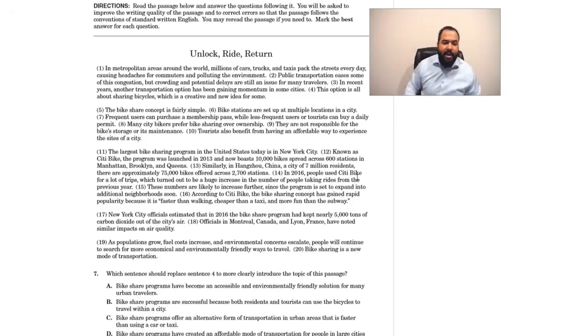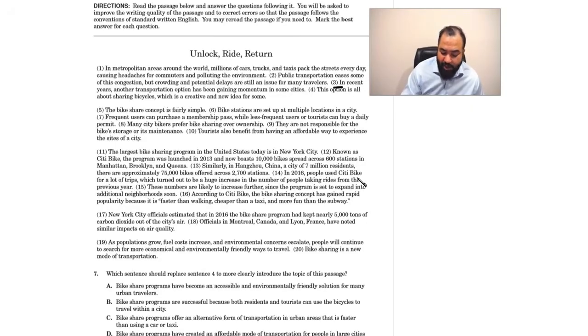So now let's see how this essay is a problem. So first he wrote, in metropolitan areas around the world, millions of cars, trucks, and taxis pack the street every day, causing headaches for commuters and polluting the environment. Now, public transportation is some of it, but not all of it, right? And then sentence 3 says, in recent years, another transportation option has been gaining momentum in some cities.